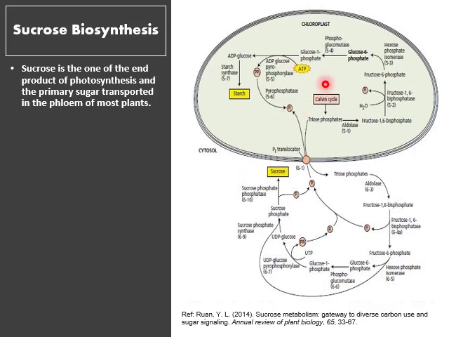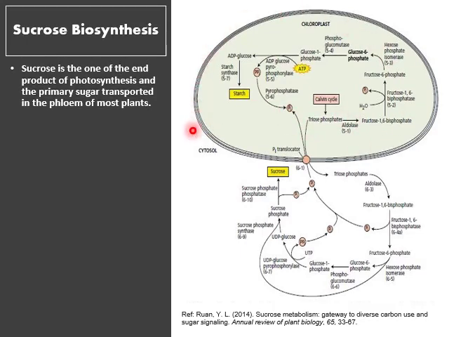Once this carbon dioxide is fixed in the leaves, it has to be translocated to different regions or parts of the plant. So the leaf is regarded as the source. We have this concept of source and sink relationship in plant systems.